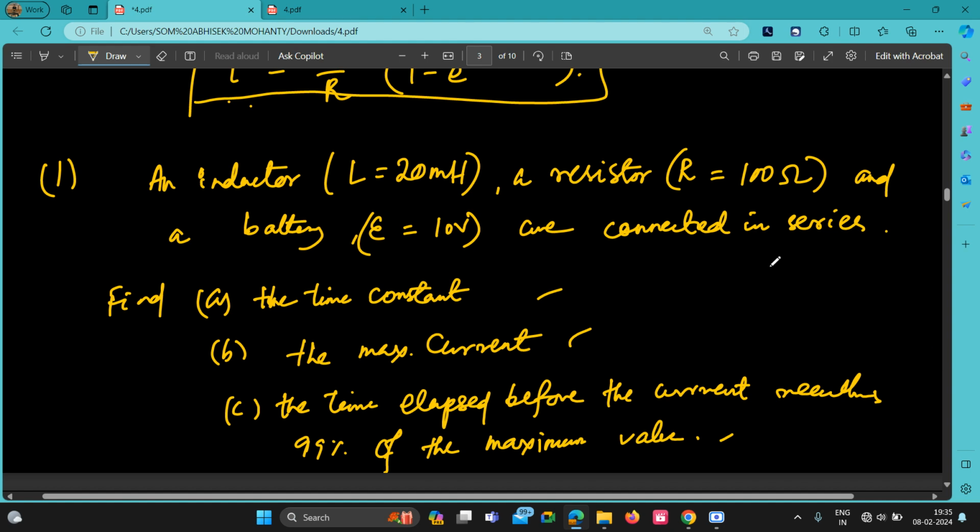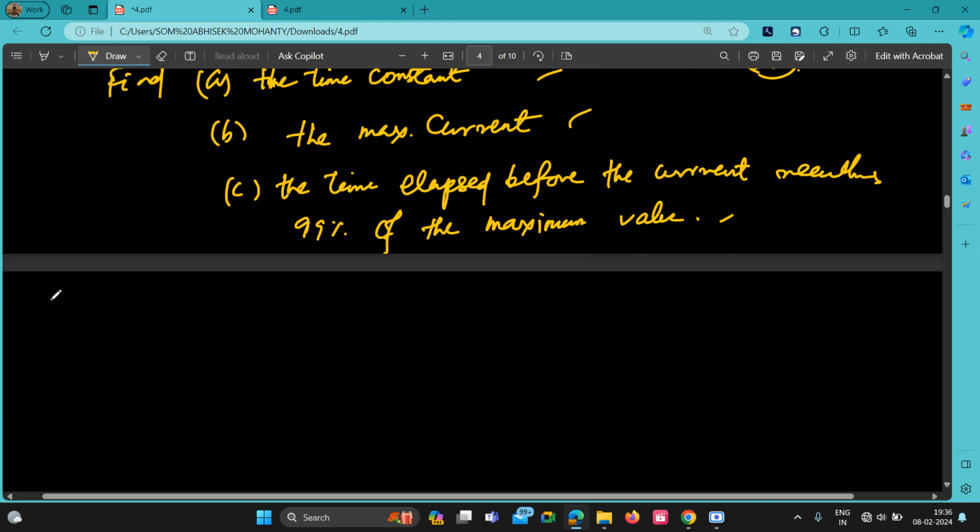See, which kind of circuit is it? LR circuit. Okay, first of all, what is time constant?